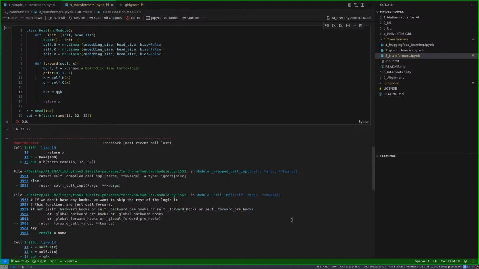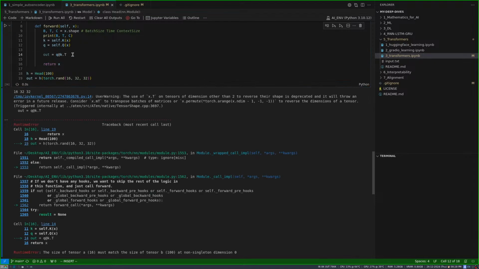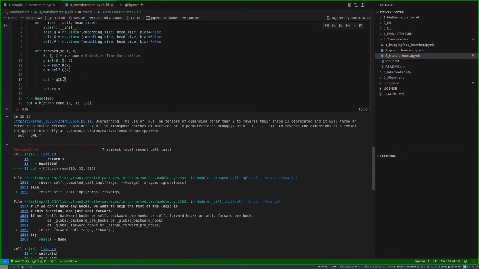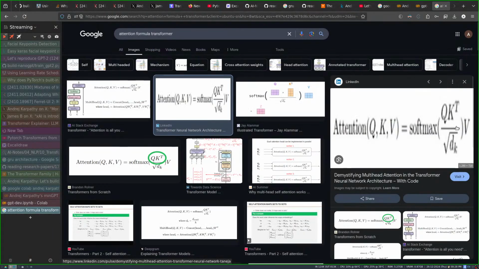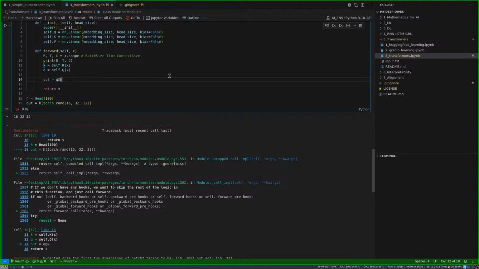But I can't do that because 1600 and 1632. Oh, so even transpose doesn't work, right? So how do you do this? K dot transpose minus 2 minus 1. I don't know what that means.